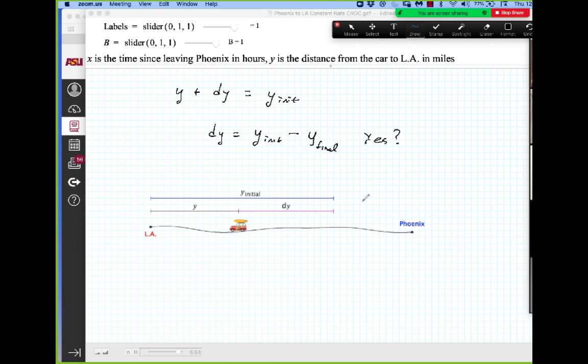What's going on here? Do you recognize this or something like this? Recognize y final minus y initial.